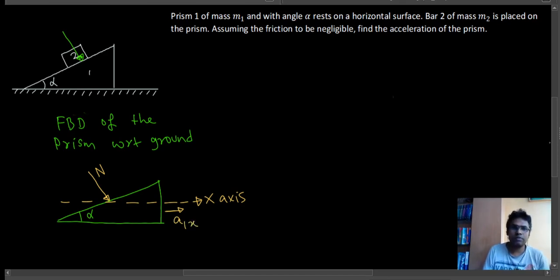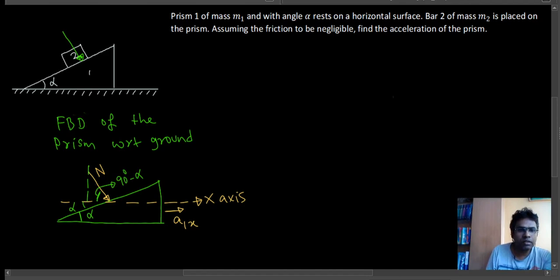If you resolve the normal force along this direction, this is an alternate angle, so that's alpha, and this angle is clearly 90 minus alpha.